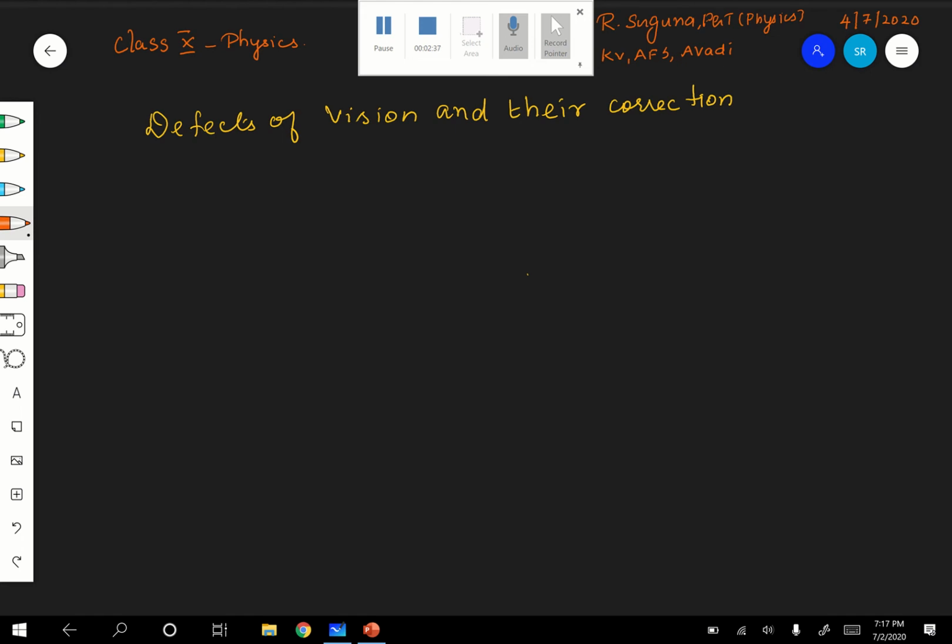Therefore, what are the refractive defects of the eye lens? Now I am going to list them. Number 1, myopia or short-sightedness.